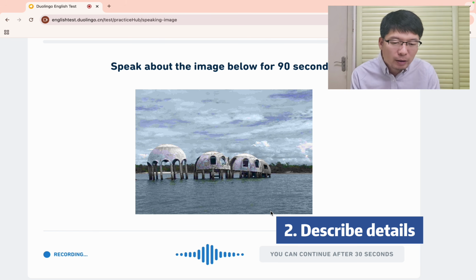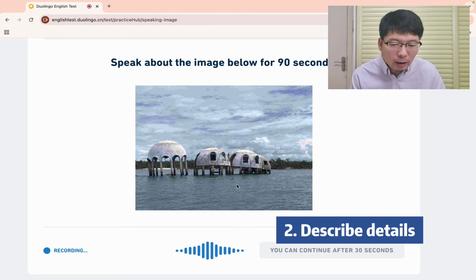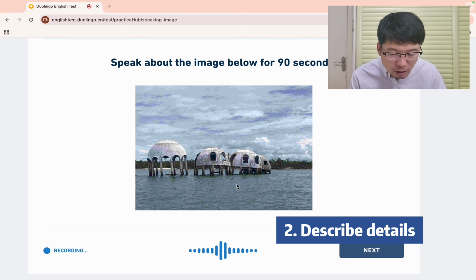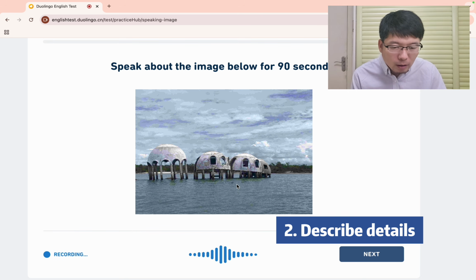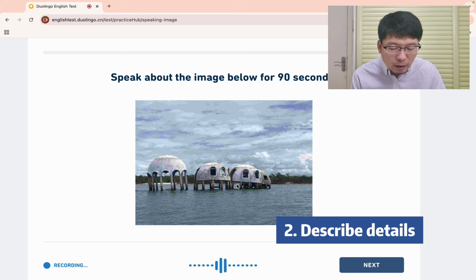They look like some octopus, right? And their color is white, and they are made of iron or some metals.